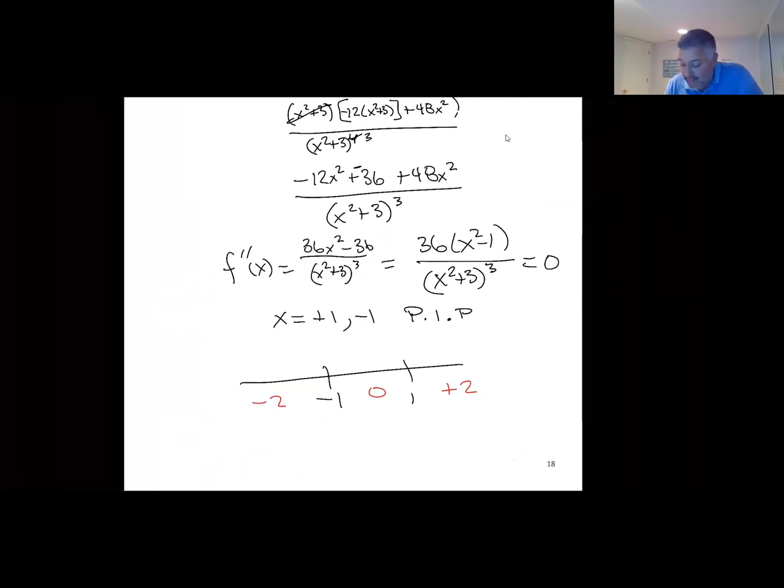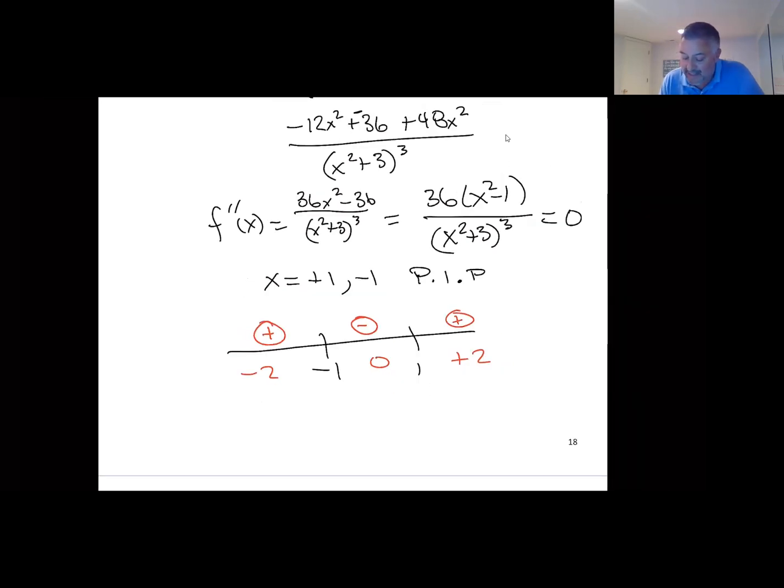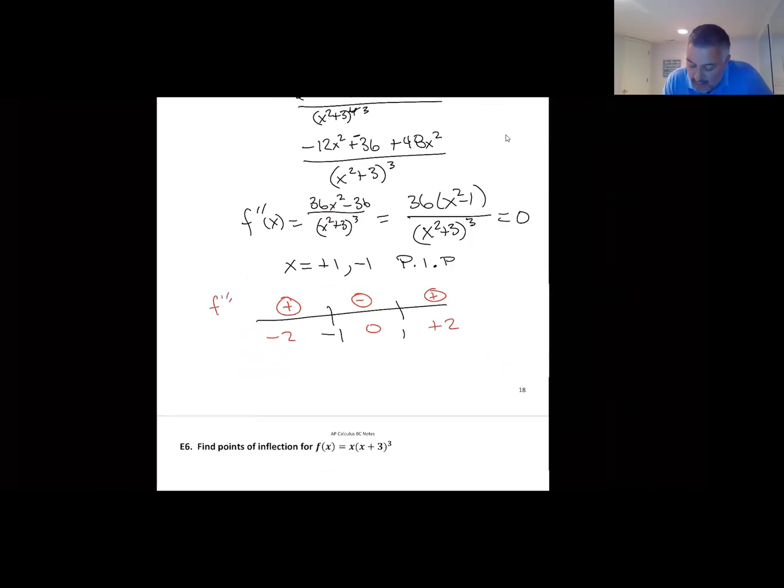When I plug in -2 on the bottom, I will also get a positive number. So I am positive. When I plug in 0 on the top, I will get a negative. When I plug in 0 on the bottom, I will get a positive. And when I plug in 2 on the top, I get a positive, and 2 on the bottom, I get a positive. And so there's my concavity, and this is f double prime of x.